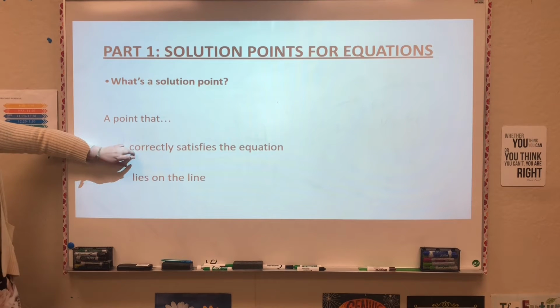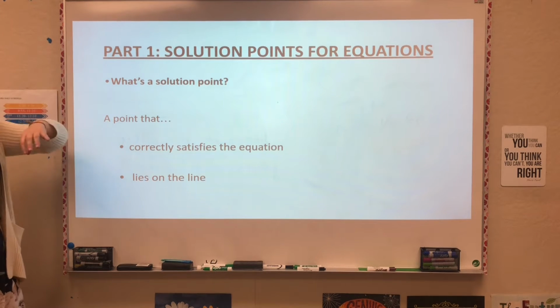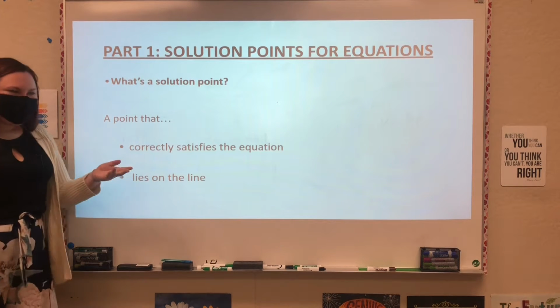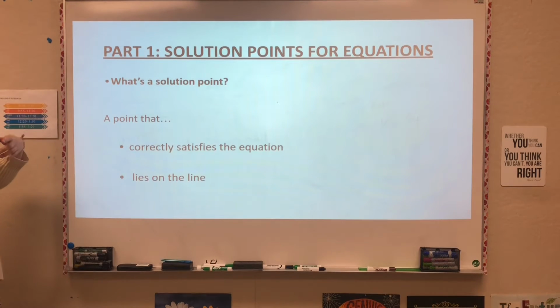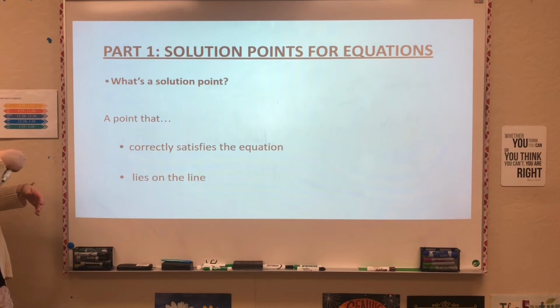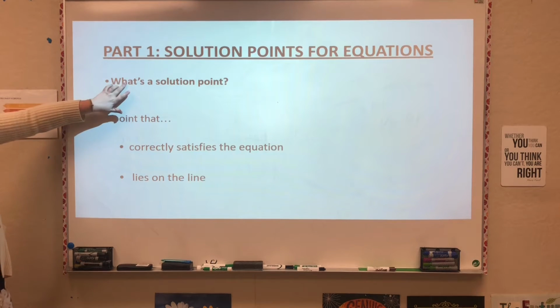So if you think back to when we were checking equations, what it means to check an equation is if you substitute the value into your equation, it gives you something like 5 equals 5 or 10 equals 10. This is what that's saying, is it satisfies the equation. And then the second part is the point lies on the line. So if you were to graph a line of that equation, any point on that line would be a solution point.